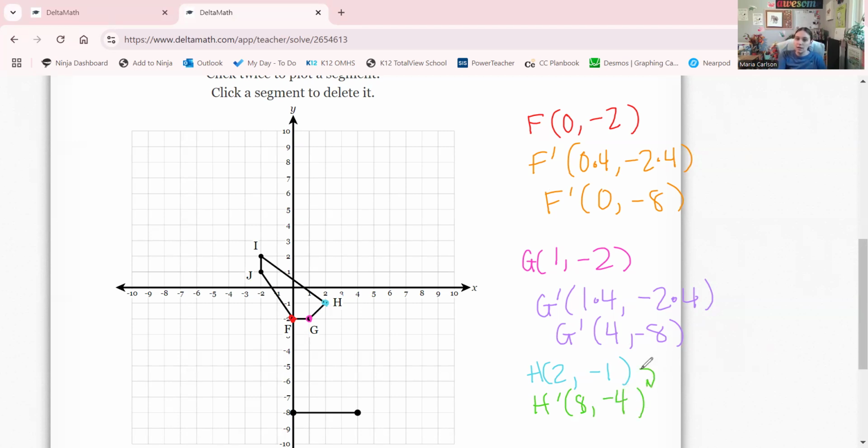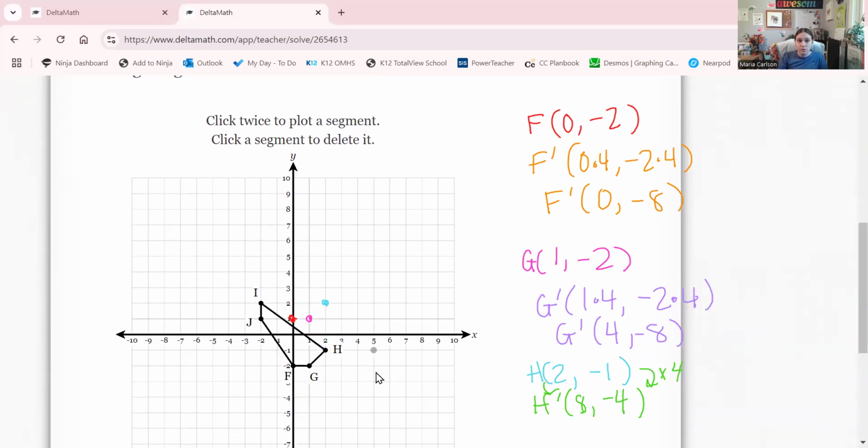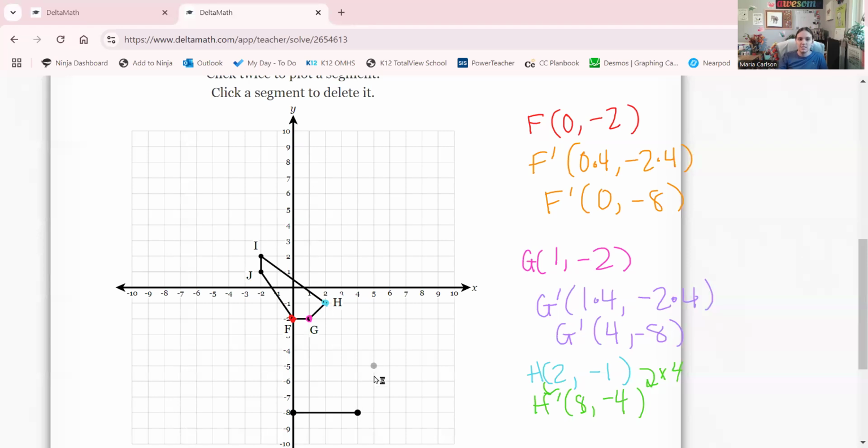Just multiply both the x and the y by 4, because that's our scale factor. I have to do all the segments, I see. So I'm going to start by clicking this endpoint here, and then our new point is going to be at 8, over to 8 and then down to -4. So now it's all connected.